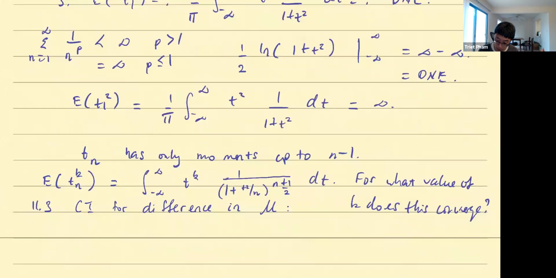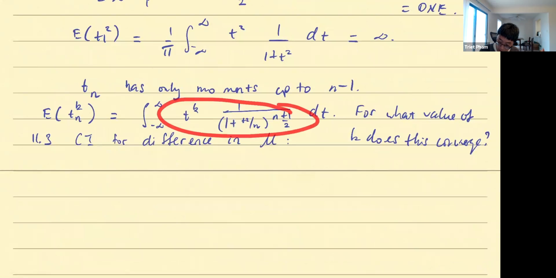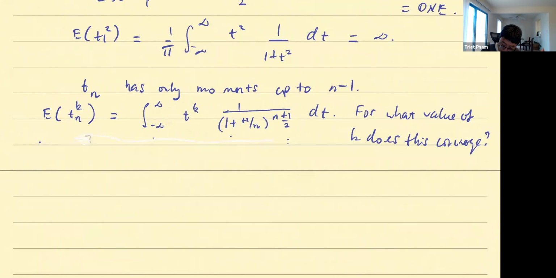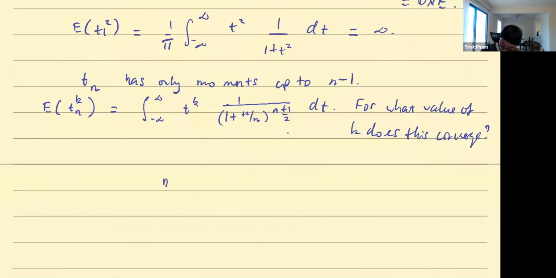So when you look at this, it boils down to comparing the value of k versus n plus 1, because the over 2 here is neutralized by the t squared.